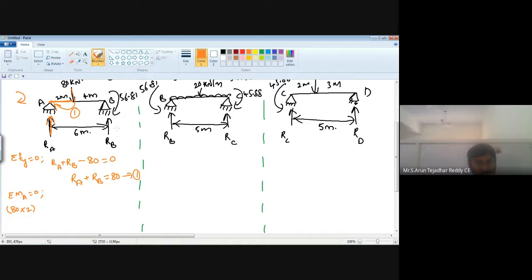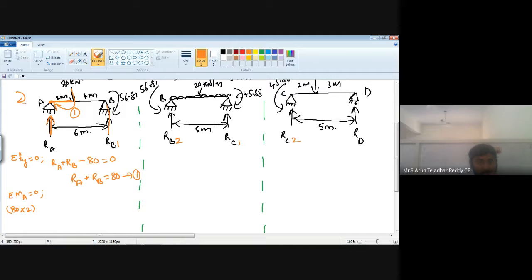Next, see, here we have two RBs, so I can name them RB1, RB2. Here two RCs are acting, I can write them as RC1, RC2. Now here RB1 is moving, but what is the direction of RB1, whether it is clockwise or anti-clockwise?